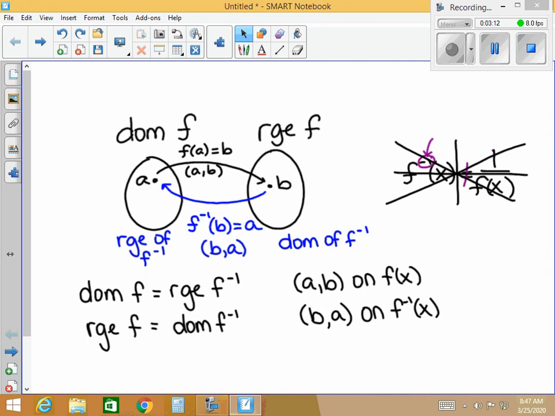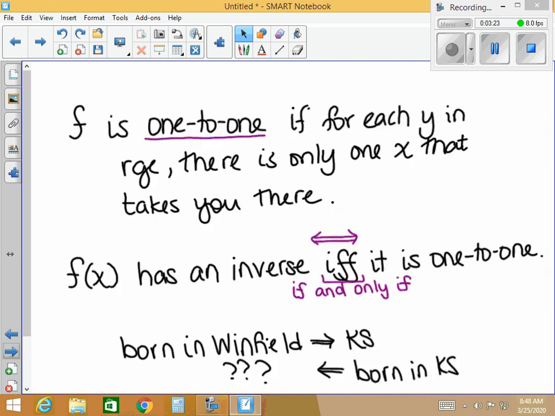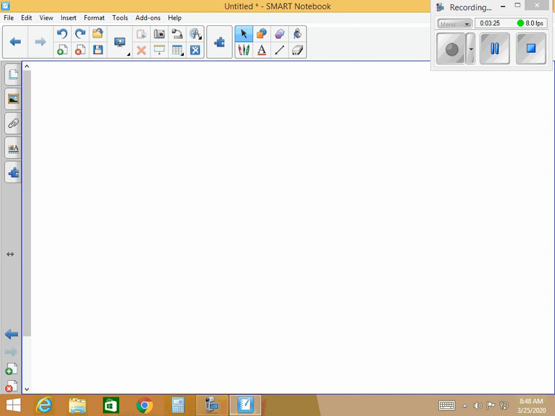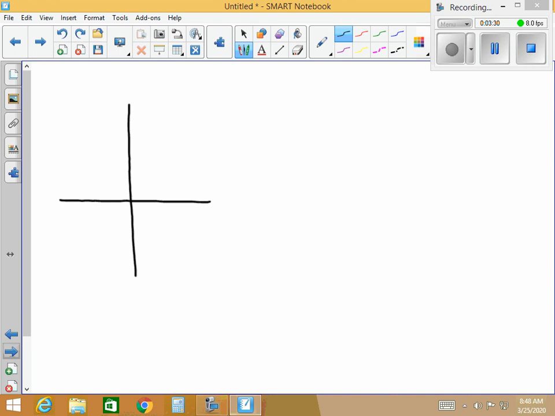And that will lead us to looking at some graphs of some one-to-one functions that have inverses, and see what that looks like overall. If I can find a clean page. So let's stick with something that is, I'm going to use the word simple to us, hopefully, and that would be a straight line.